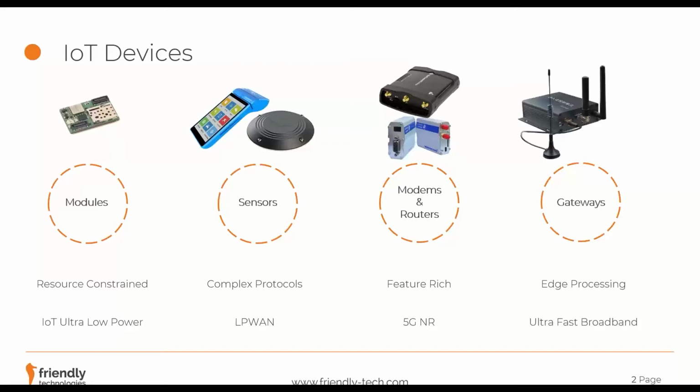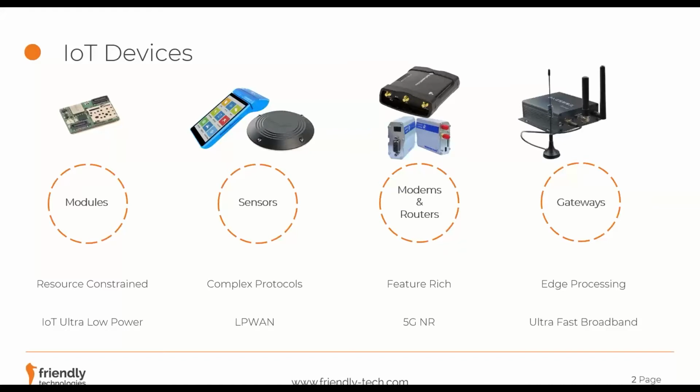It may have multiple interfaces, such as personal area networks, such as 802.15.4, could be Zigbee, Z-Wave, even LoRaWAN, and other types of local RF networks.